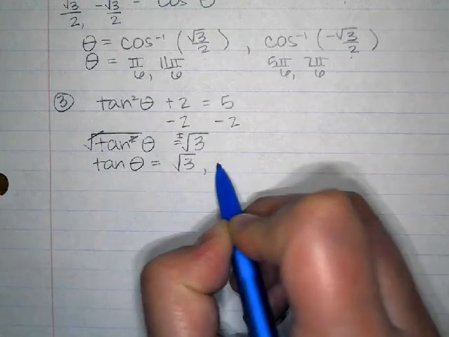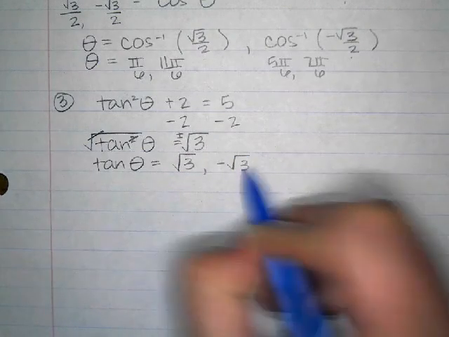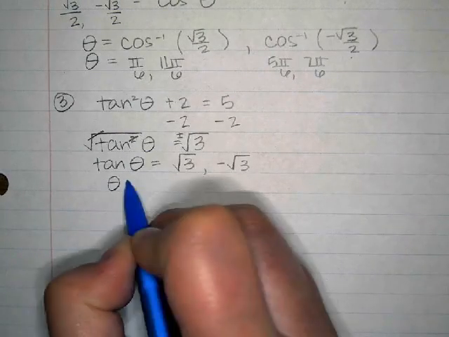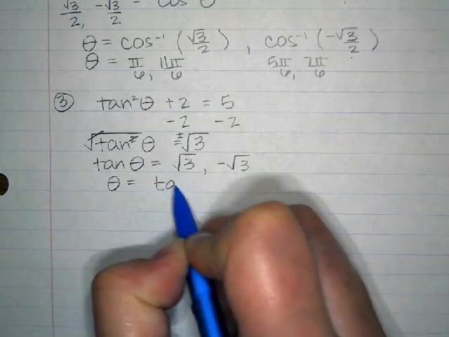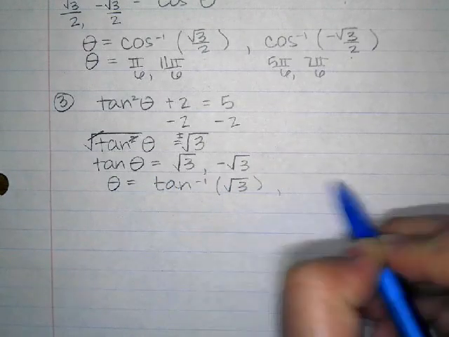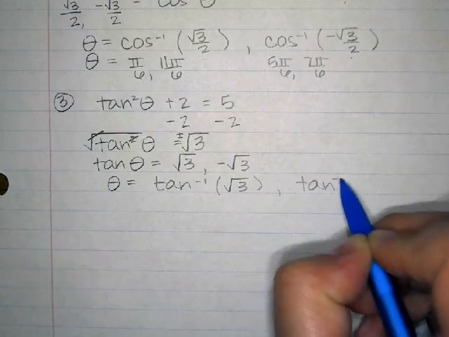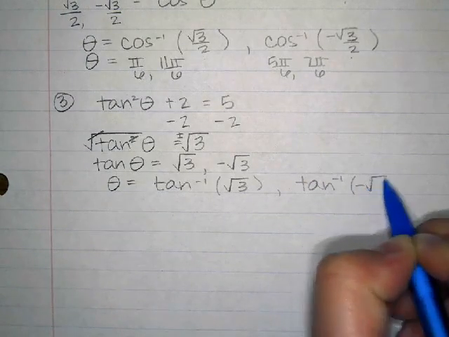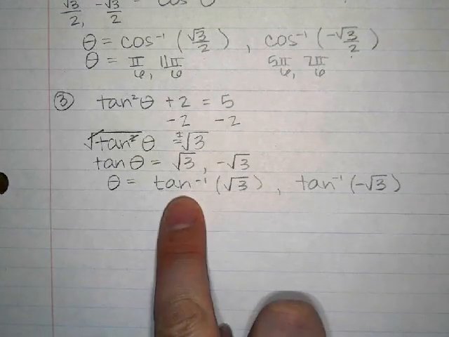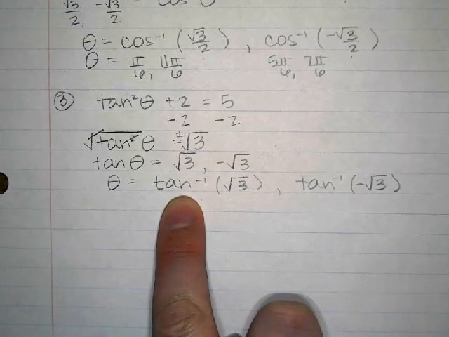So when I solve for the angle, I get theta is tan inverse of positive root 3 and tan inverse of negative root 3. So that means my answers are where I look on the unit circle and see that the y coordinate divided by the x coordinate simplifies to root 3.